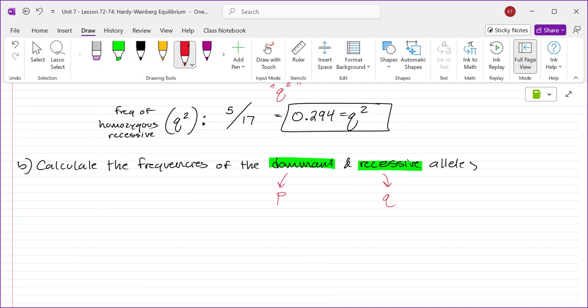On part A, you found q squared. Which variable for part B do you think would be the easiest to find now that you do have a value for q squared? q would be the one you want to go for. So how do I find q from q squared in part A? Bingo. q equals the square root of q squared.